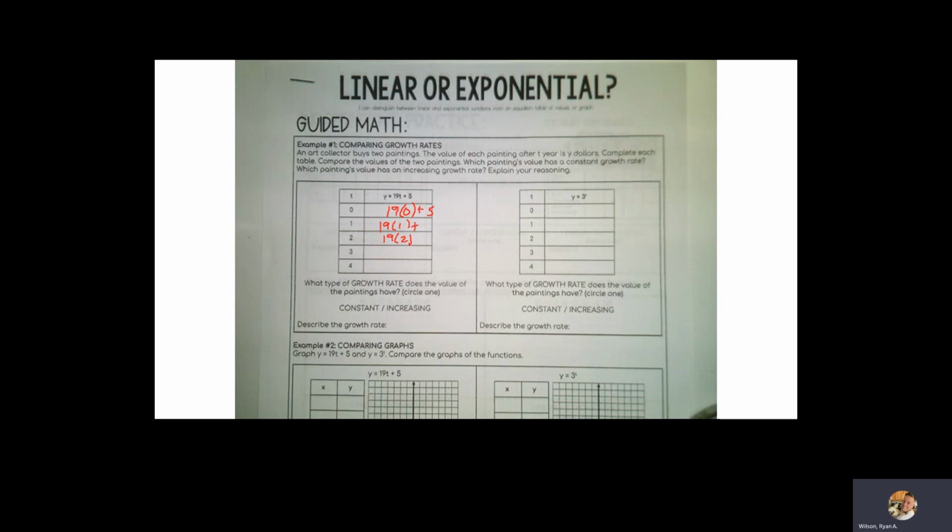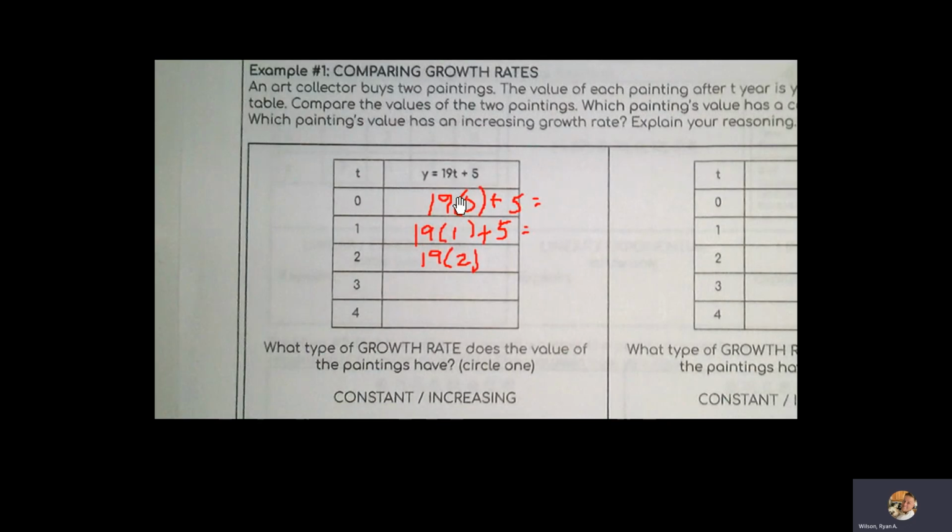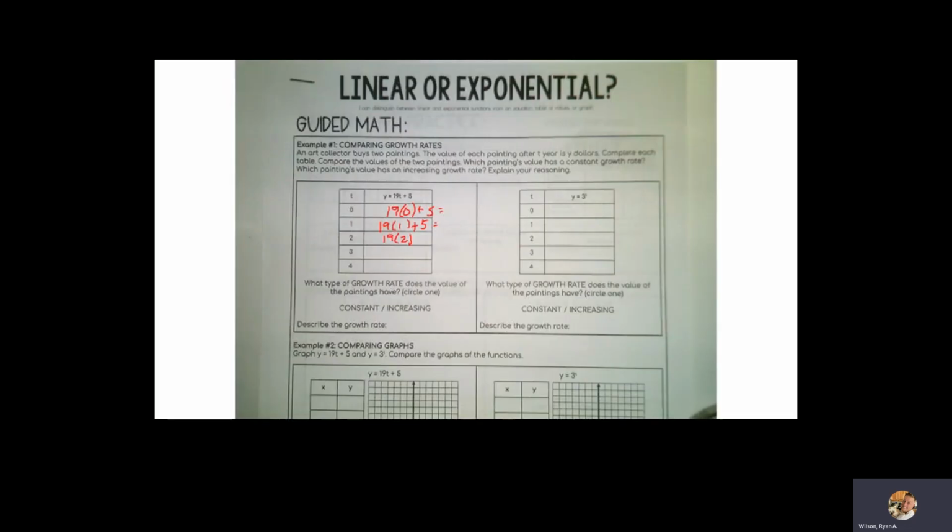Okay, so here's what you're going to find. You're finding your y value or your answer. So what is, and you guys have calculators, so what is 19 times 0? 0, and then what's 0 plus 5? 5. So that's your first answer, 5.